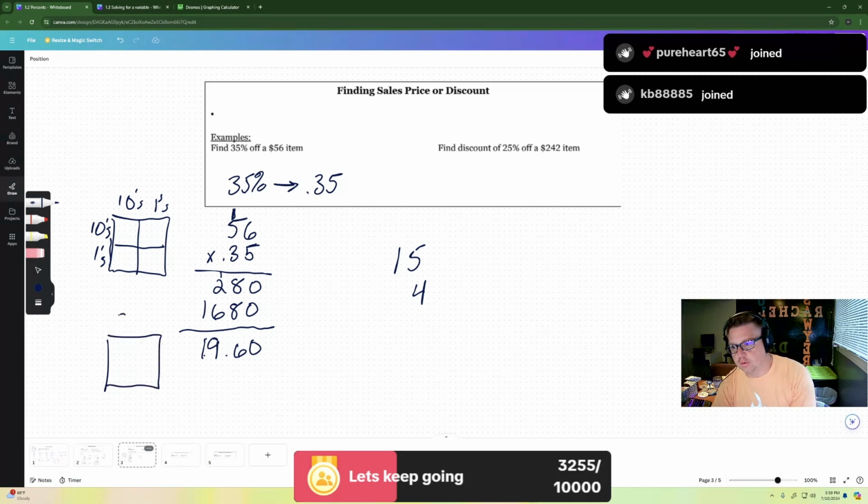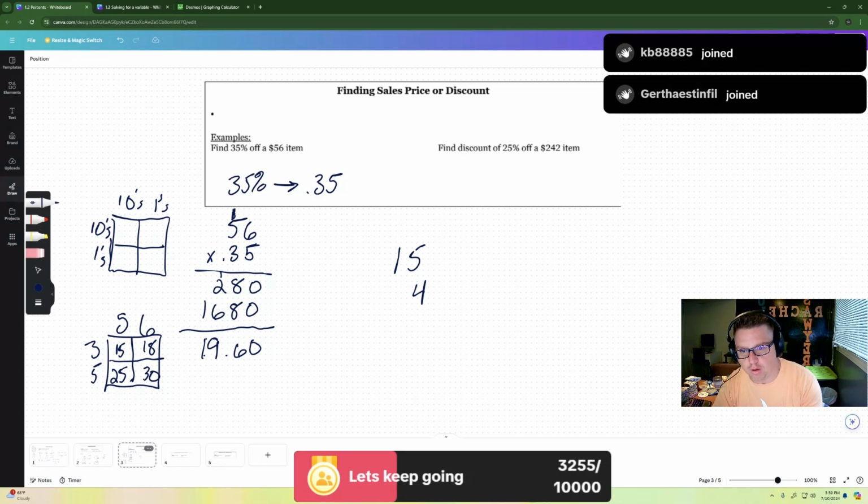Let's redo this. So 5 6. And then 3 5. So this was 15, this was 18, this was 25, and this was 30. So when we do this, this was like a tens times a tens. We want to look at the hundreds place, where this was a tens times 1.